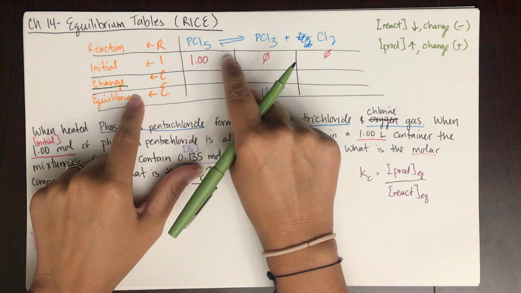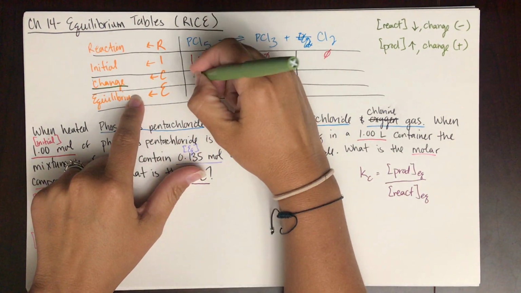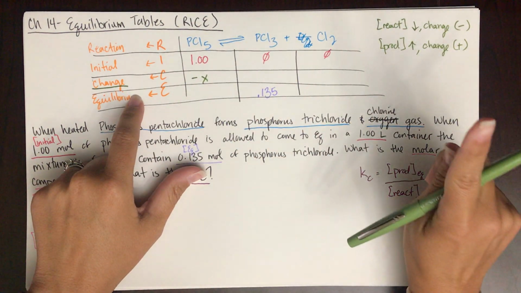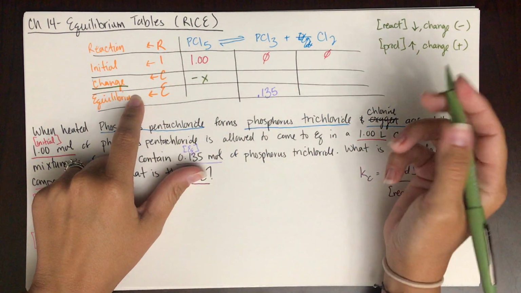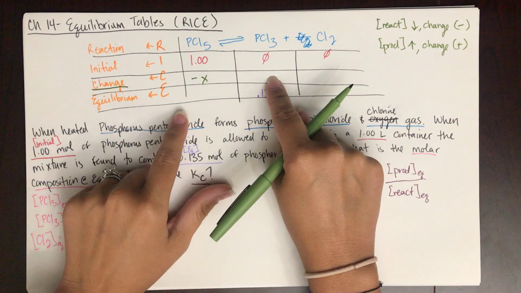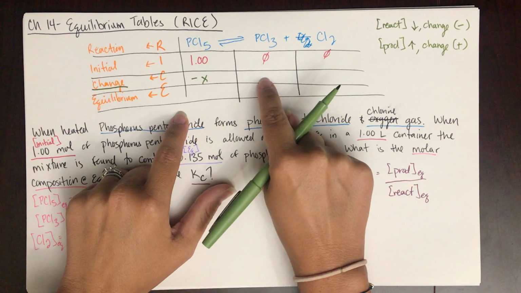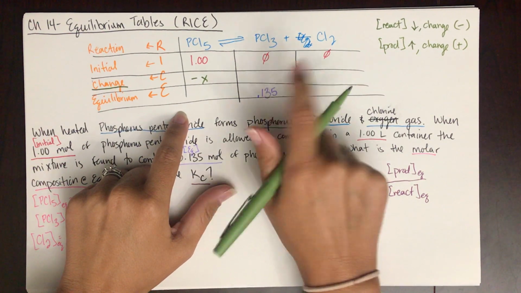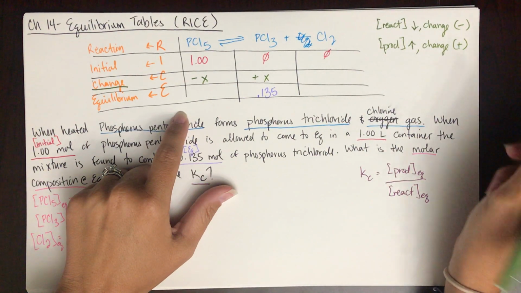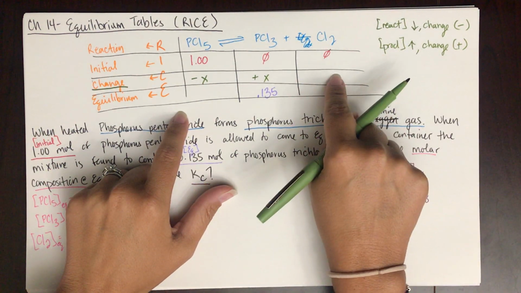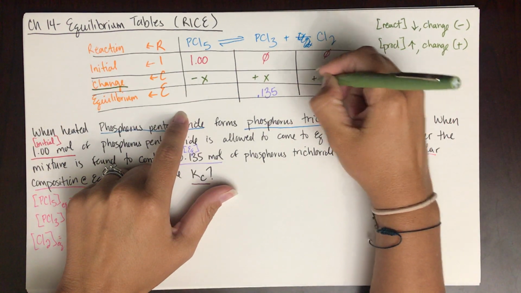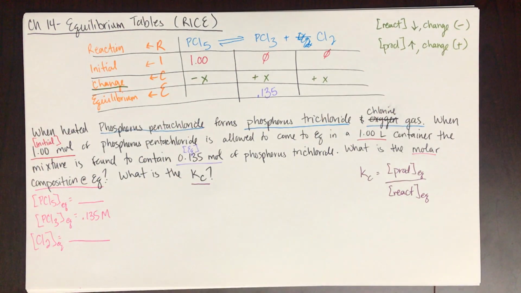So the amount of change between initial and equilibrium is going to be minus 1X, because I have 1 mole of phosphorus pentachloride. Now let's look over here. As a product, the amount of change between initial and equilibrium is going to be plus 1X. And the amount of chlorine gas between initial and equilibrium is also going to be plus 1X.